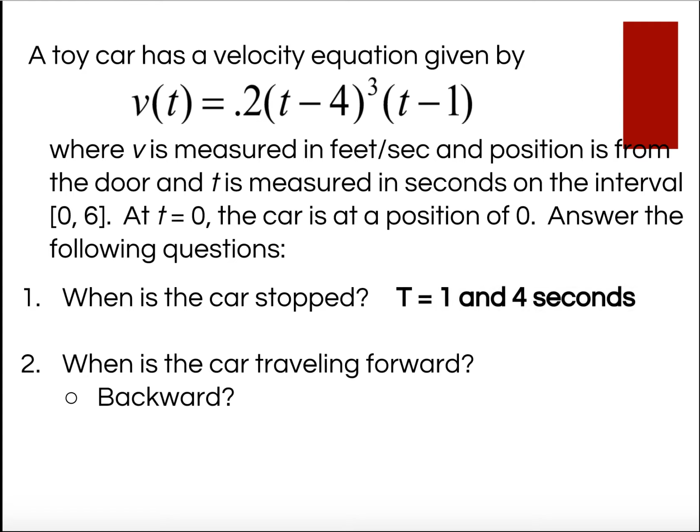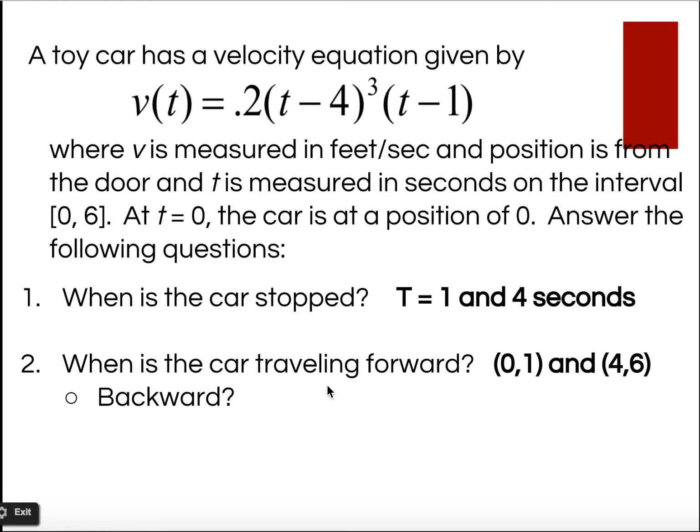And then when is the car traveling forward and when is it traveling backwards? This kind of goes to the first derivative test. You have to check the interval from 0 to 1, from 1 to 4, and then from 4 to 6. When you plug in a number between 0 and 1, like 0.5, you're going to get a negative times a negative, which is a positive.